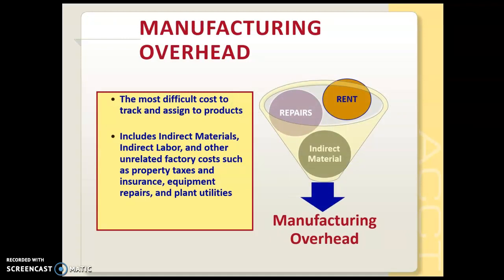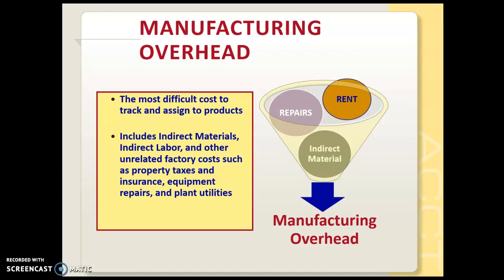So again, there are various things besides indirect materials and indirect labor. There are various other things that deal with the factory building: rent of the factory building, repairs for the factory building, utilities and electricity for the factory building, depreciation of the factory building and the factory equipment, insurance for the factory building or the factory equipment.